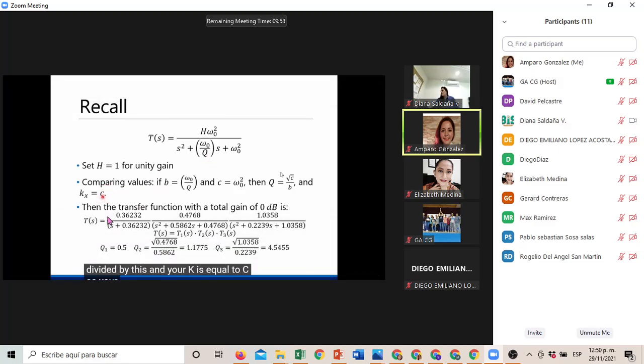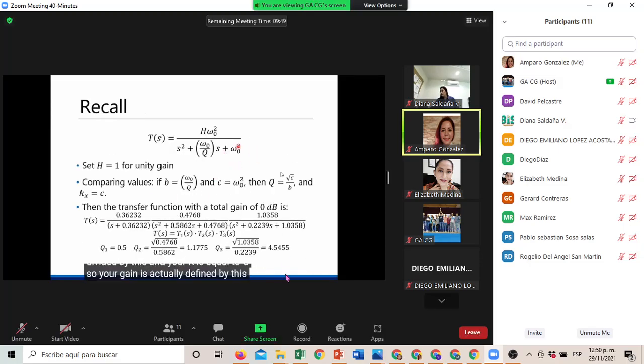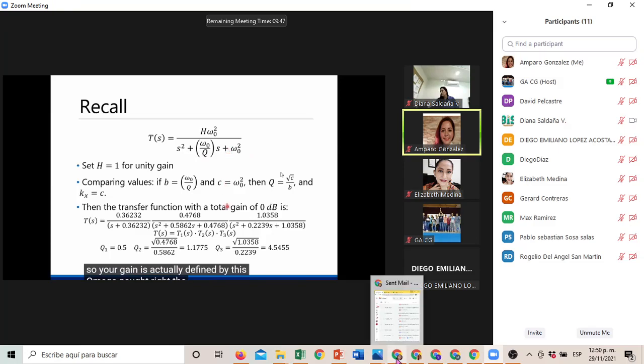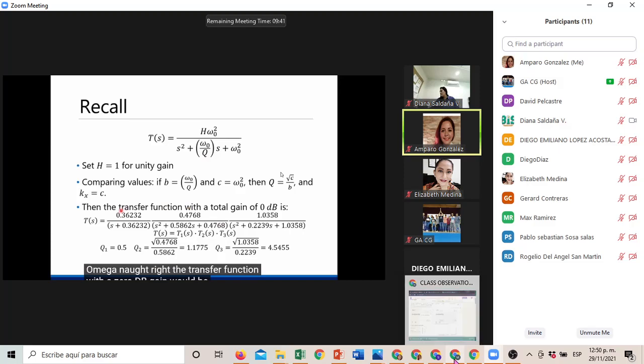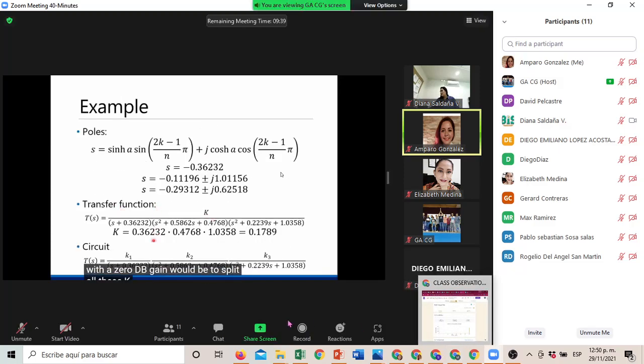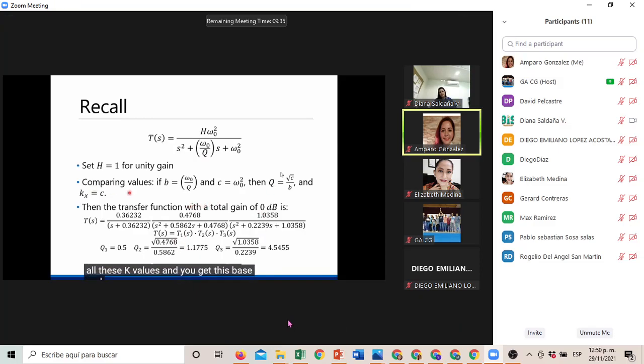So your gain is actually defined by this omega naught. The transfer function with a 0 dB gain would be to split all these k values, and you get this equation. So this transfer function ensures 0 dB gain.